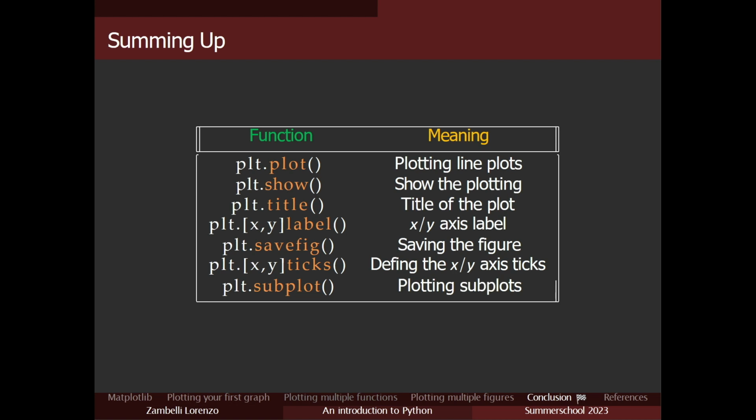The title, which doesn't need explanation. The x or y label, if we want to give them names. How to save our figures. If we want to change the ticks of the x or y axis, in the square brackets you can say xlabel, ylabel, or xticks, yticks. I believe it's clear. And subplot, to plot subfigures.